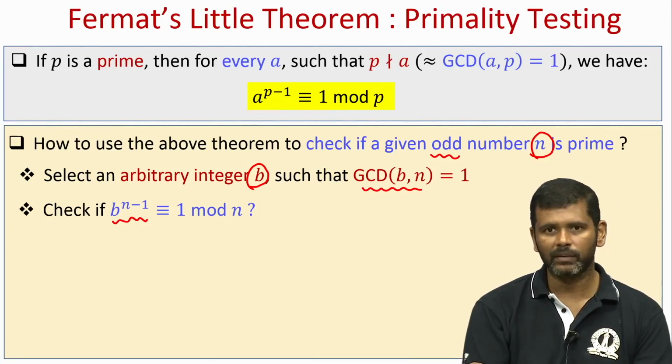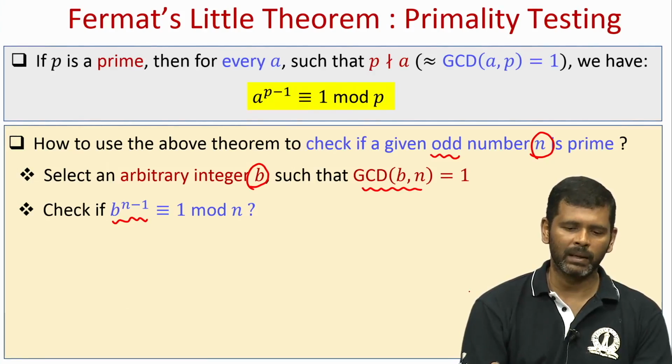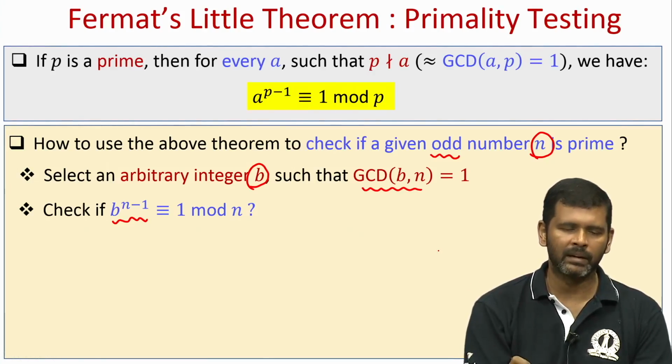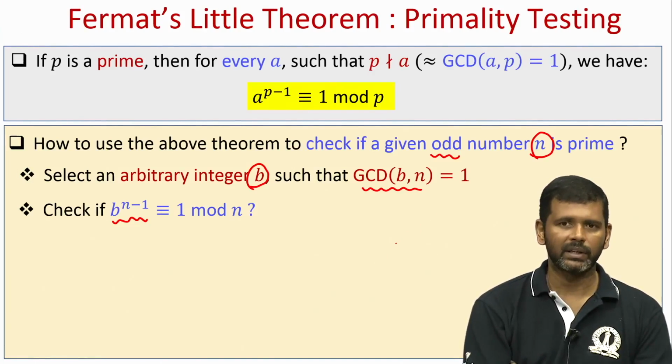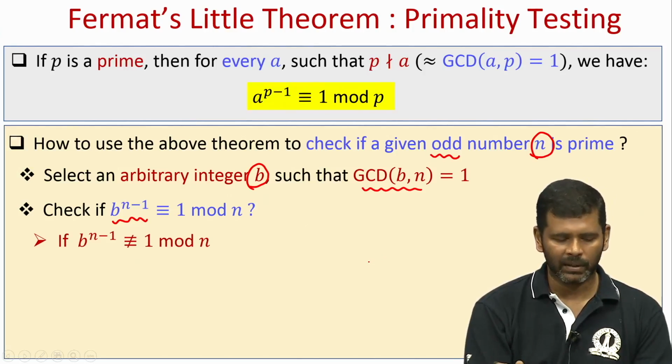I do not know whether n is prime or composite, I have to check. So, to verify whether the given n is prime, pick some random integer b which is co-prime to n, and then check whether for the b that you have chosen, b to the power n minus 1 is congruent to 1 modulo the given n.